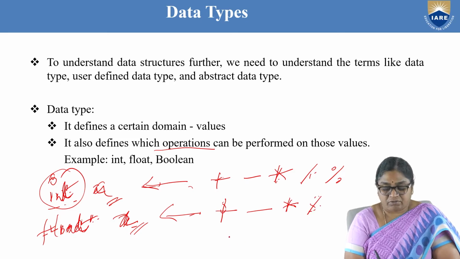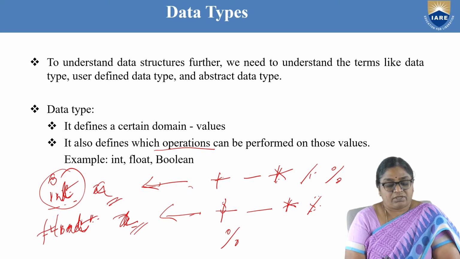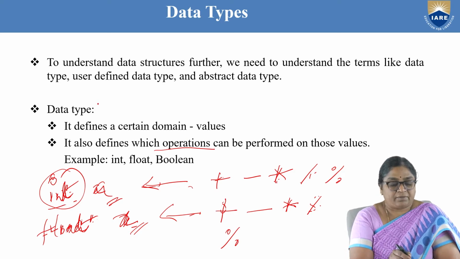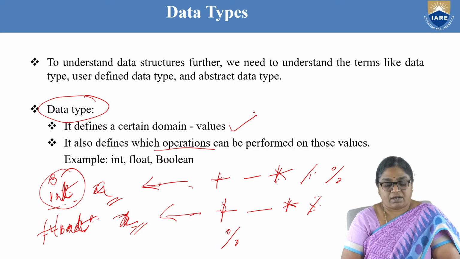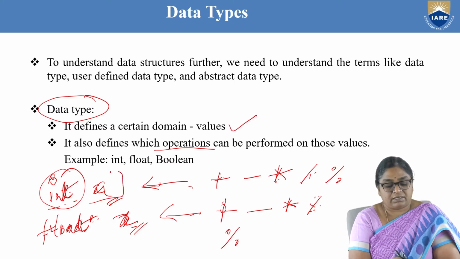But I cannot perform modulo division on float values, on float data type. So here the data type specifies what values I can store and what operations I can perform on the data.